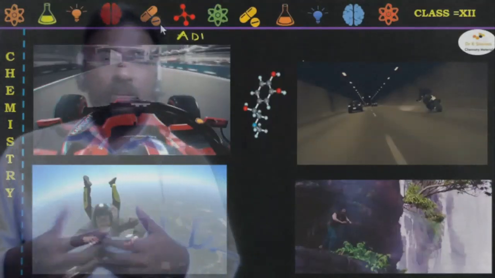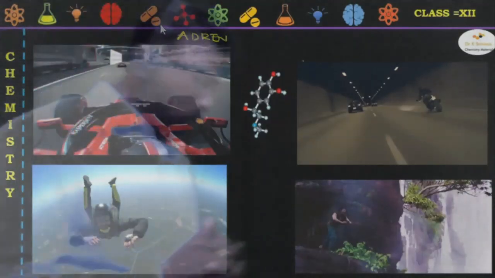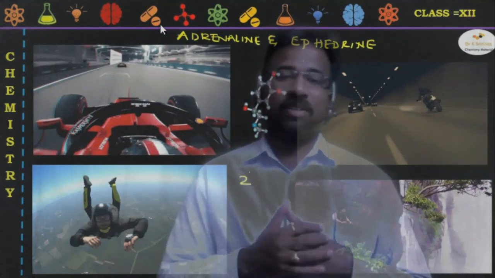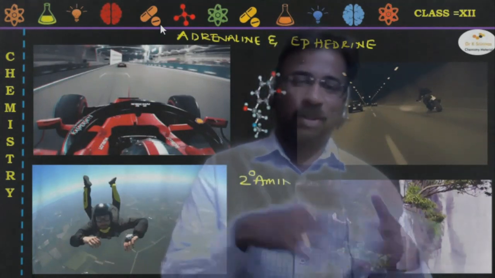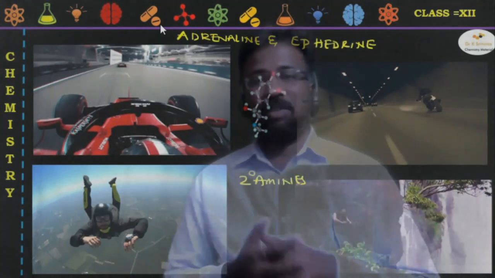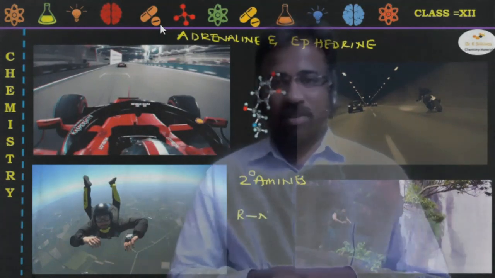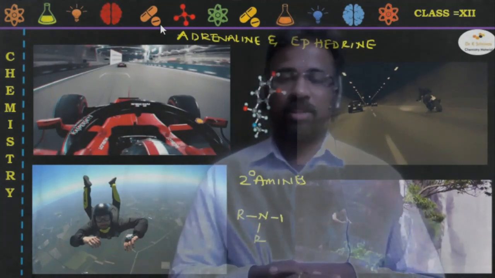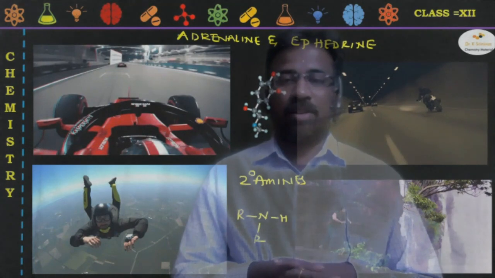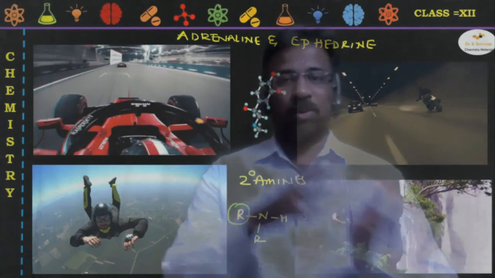Here let us try to understand by taking these examples. I took four different examples. The first one is car racing, the second one bike racing, the third one of course skydiving, and similar, almost the same, in our famous Indian movie Bahubali, where our Prabhas is jumping from one end to the other end.